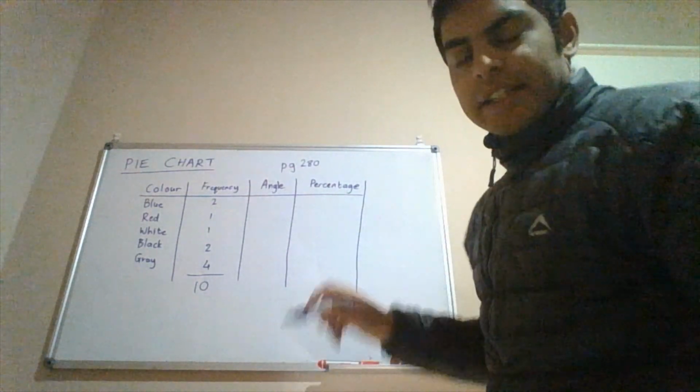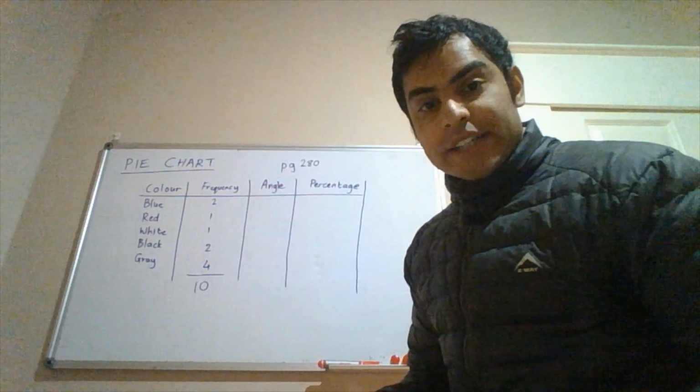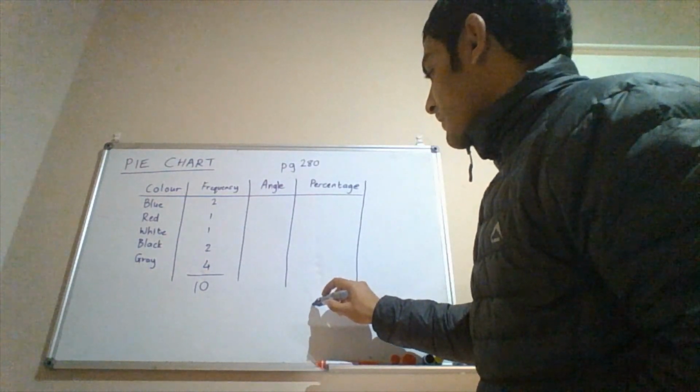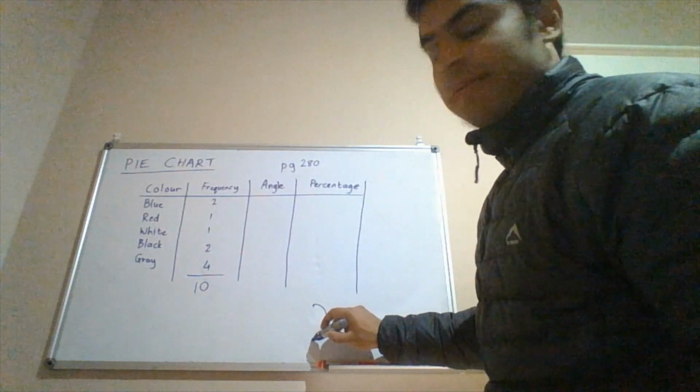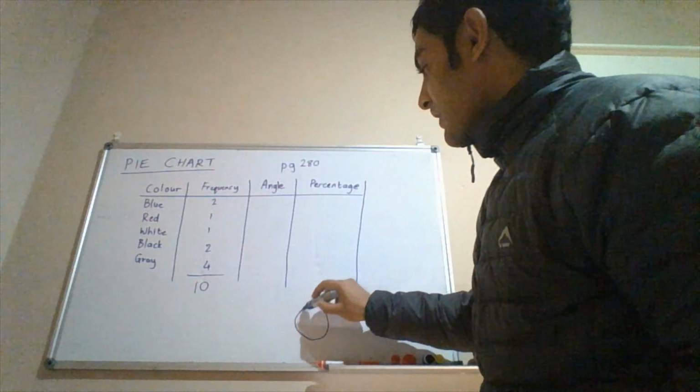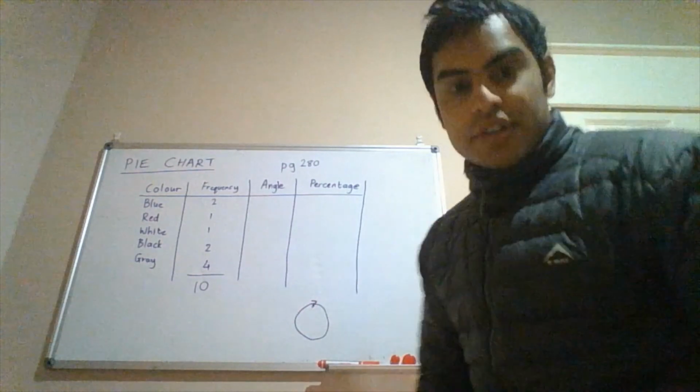So the circle is made up of 360 degrees. So it goes like this, from 0 degrees to 180, and then from 180 another 180 to 360.